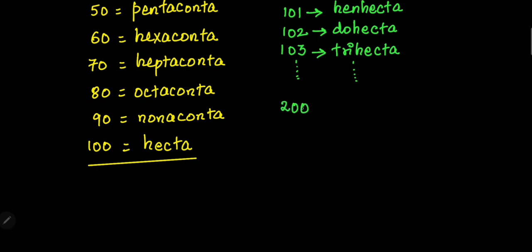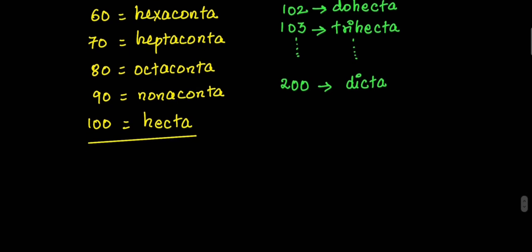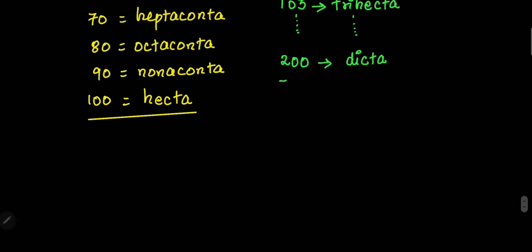When I take 200, we call it dicta. Three hundred is tricta. 400 is tetracta. We don't call it tetrahecta, we call it tetracta.